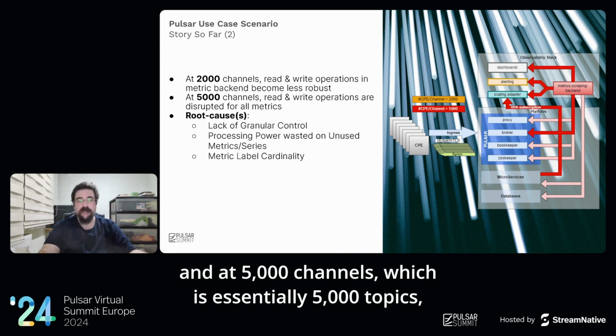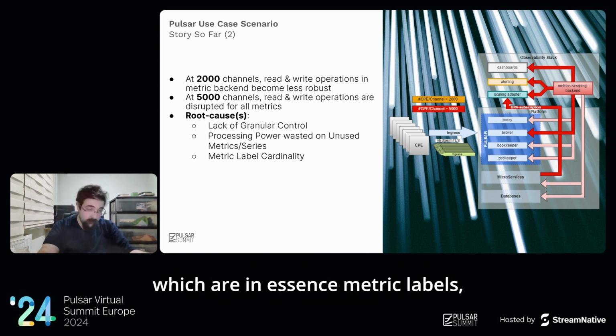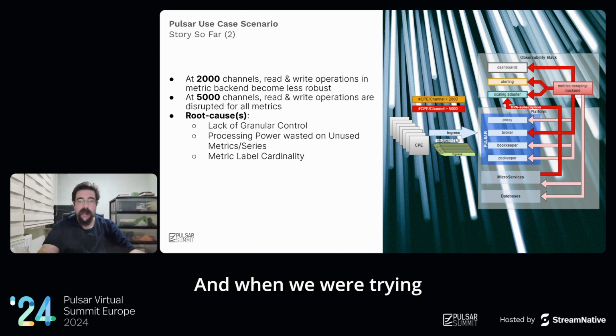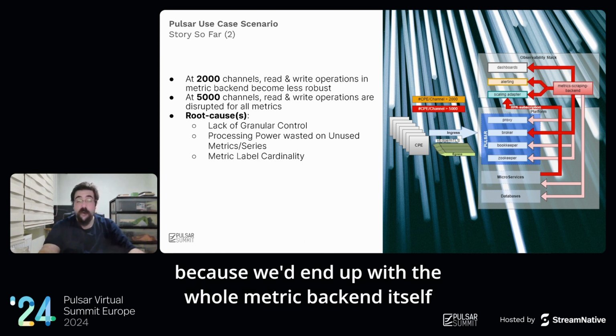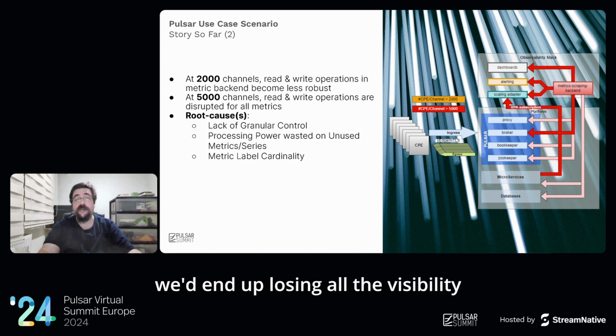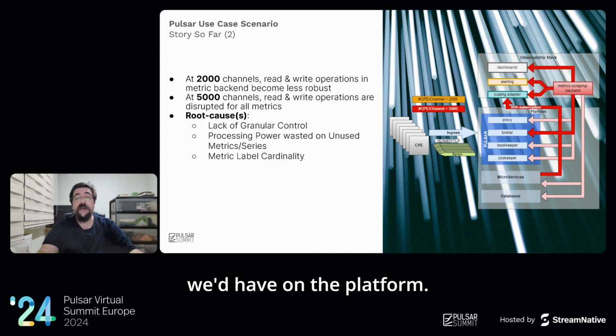At 5,000 channels, which is essentially 5,000 topics, which are in essence metric labels, we'd see the metric backend starting to break down. When we were trying to identify the problem, we'd end up with the whole metric backend breaking down, and we'd lose all the visibility we had on the platform.